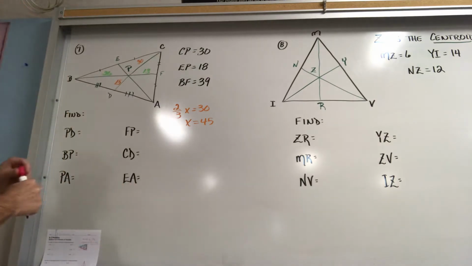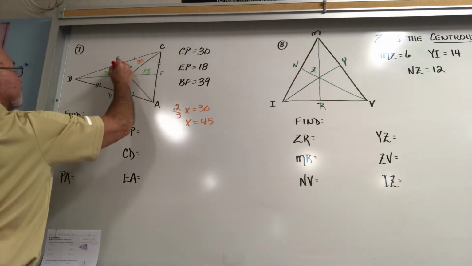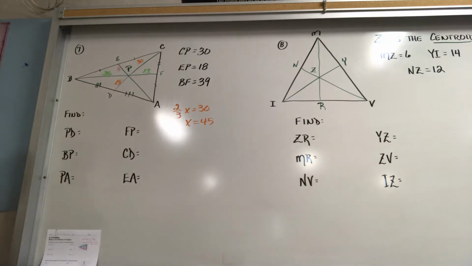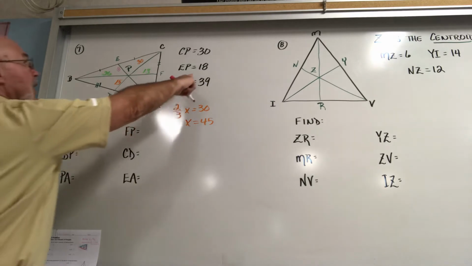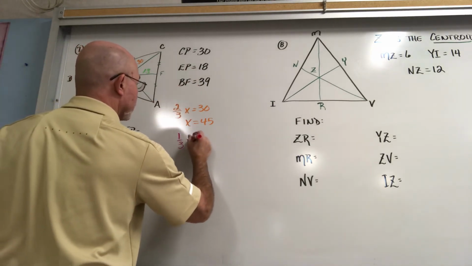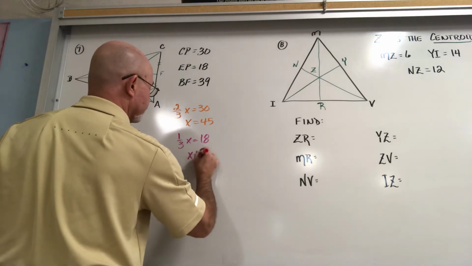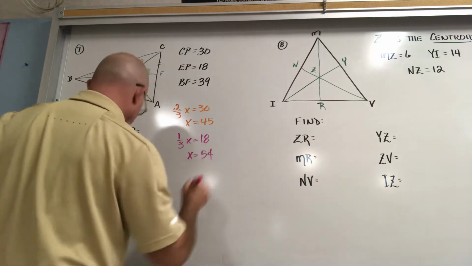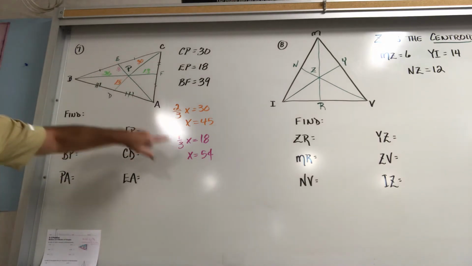And our last one, EP is 18. That's the short part. We've got to find the other part. So 1/3 of something. Now we know the entire length is 54.